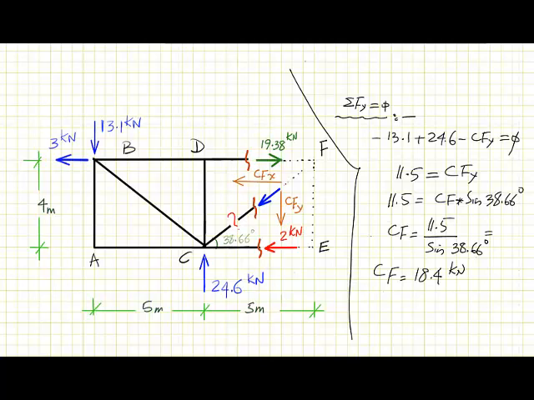And again, if you notice, the sign is positive, so we have to go and see what we suggested for CF. We suggested for CF going towards the structure, it means it is compression. So I'll mark this force as a compression force.